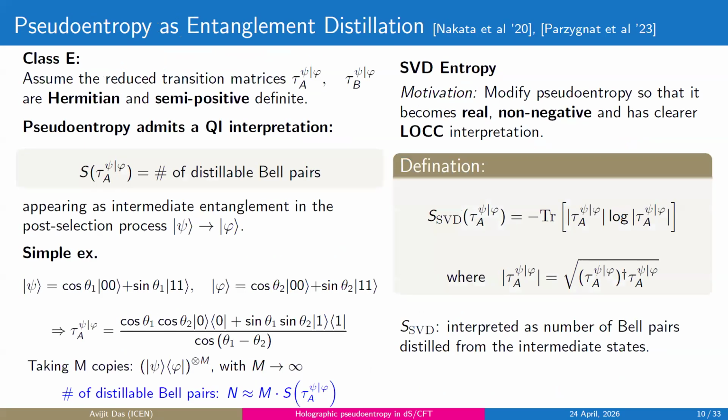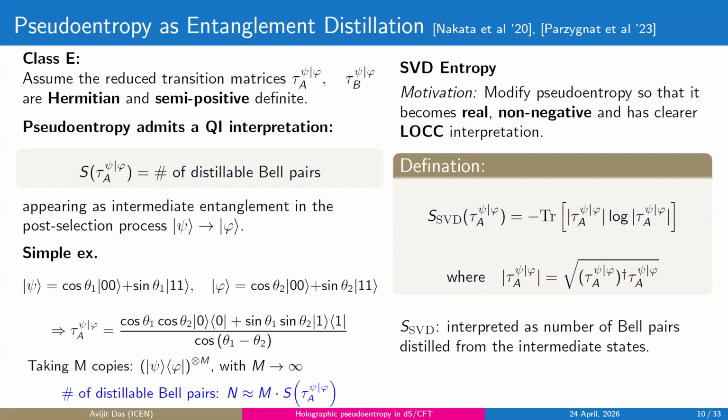Okay. So now we can ask the following: does pseudoentropy also have some quantum information aspect? Because we see that for entanglement entropy, we do have a quantum information aspect, that is the number of distillable Bell pairs between A and B. Then you can ask whether pseudoentropy also has this number of Bell pairs between A and B. And what we have found is that for all kinds of transition matrices, it is not possible to find a quantum information interpretation.